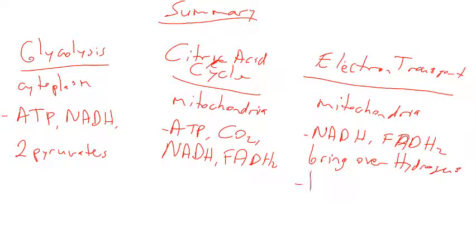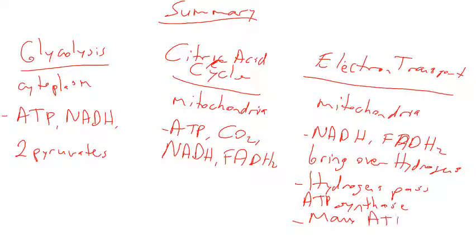And then know that hydrogens pass through that special protein called the ATP synthase. And this ends up making many ATP molecules. Know that this step makes the most compared to the other 2 steps.